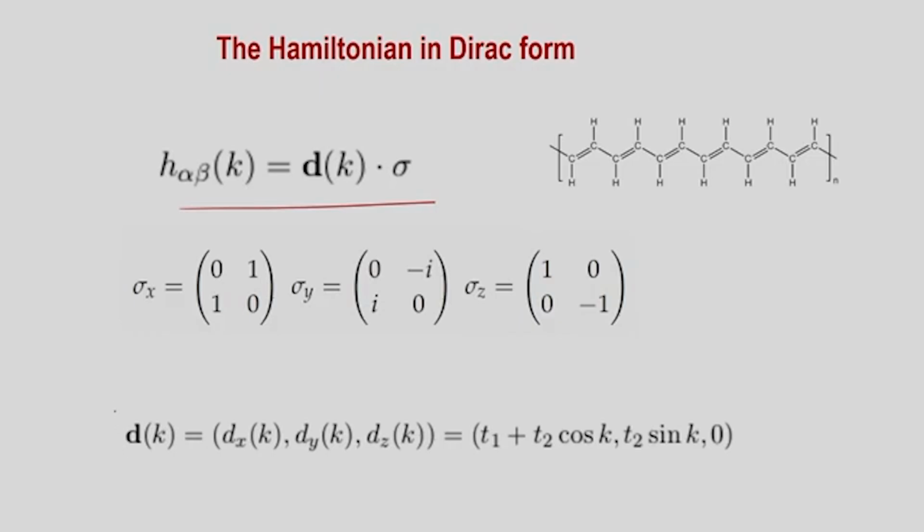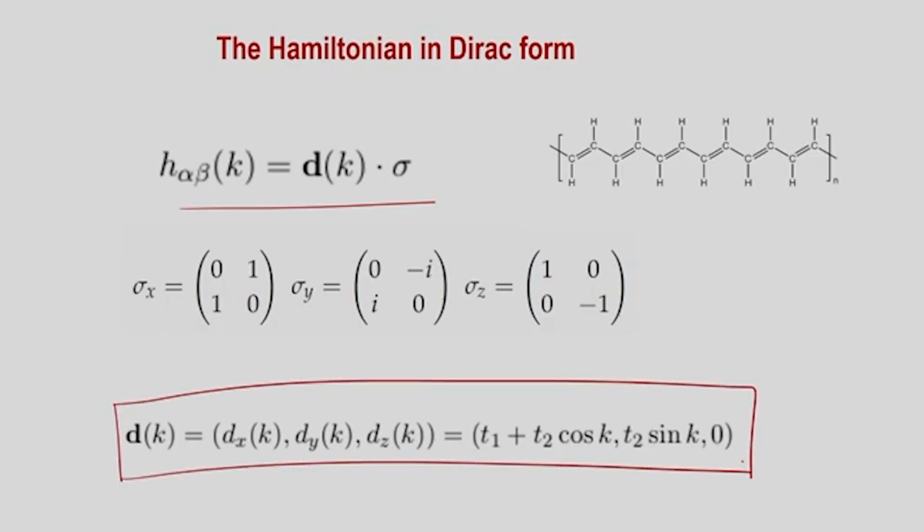So, the important information about topology is encoded in this d vector, and it is very important to note that dz is equal to 0 for all k.